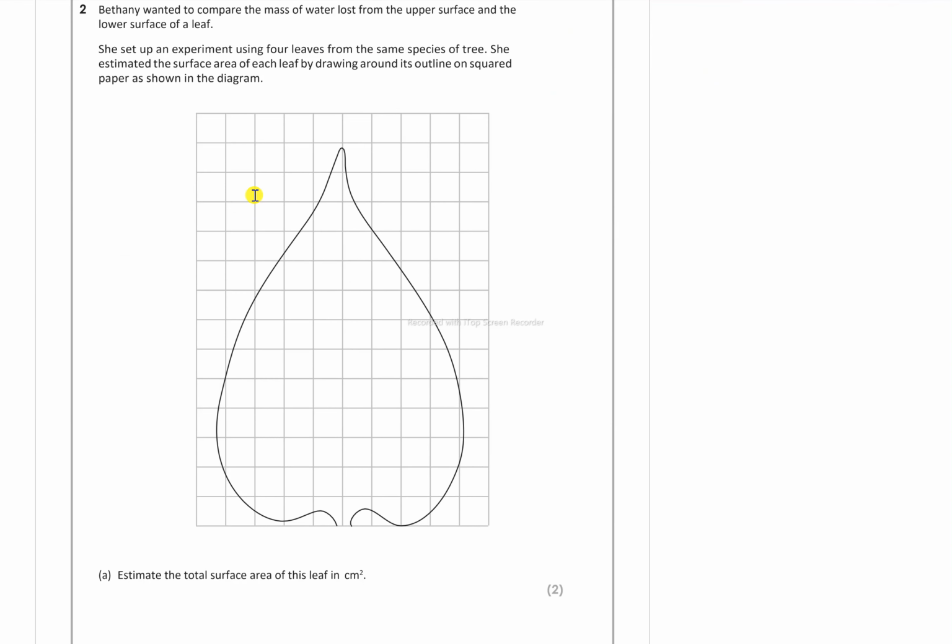Right. Estimate the total surface area of this leaf. So what they're saying to you is each one of these is a square, 1 square centimeter. What would I do? Right, okay, what we'll do is we'll tick off all the full ones.